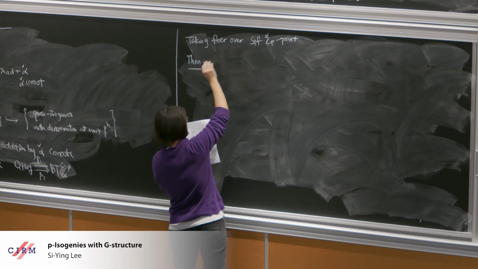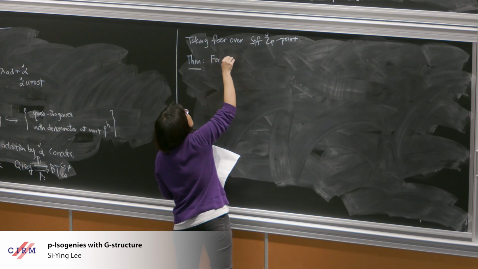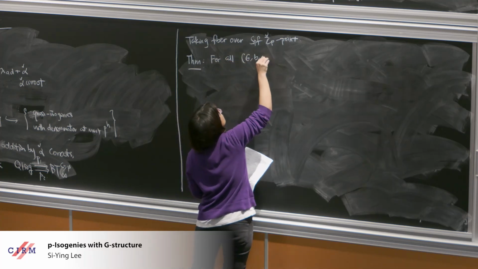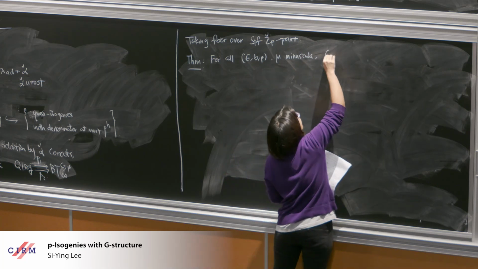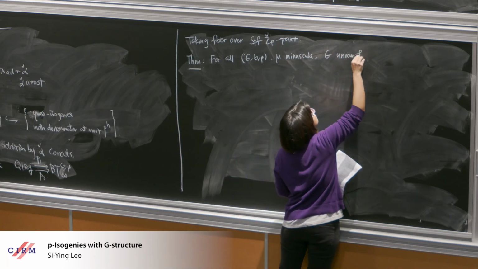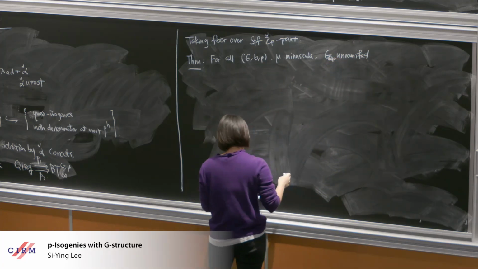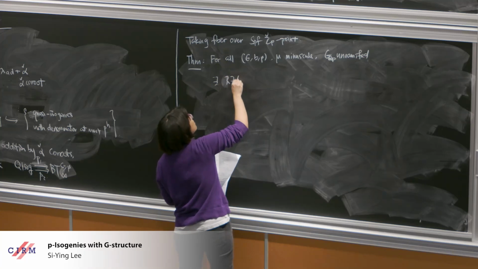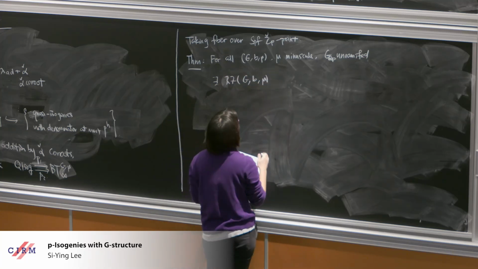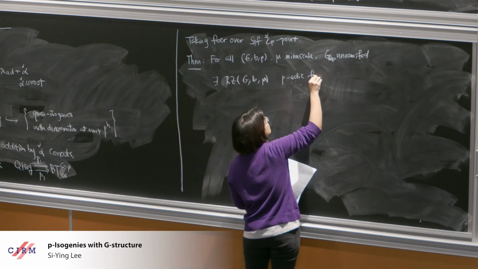So let me just say, for all (G, μ), where this μ is minuscule and this G_{Q_p} is unramified, there exists the fiber, and we give this name to the fiber, we call this RZ_{G,μ}. So this is going to be a p-adic formal scheme.